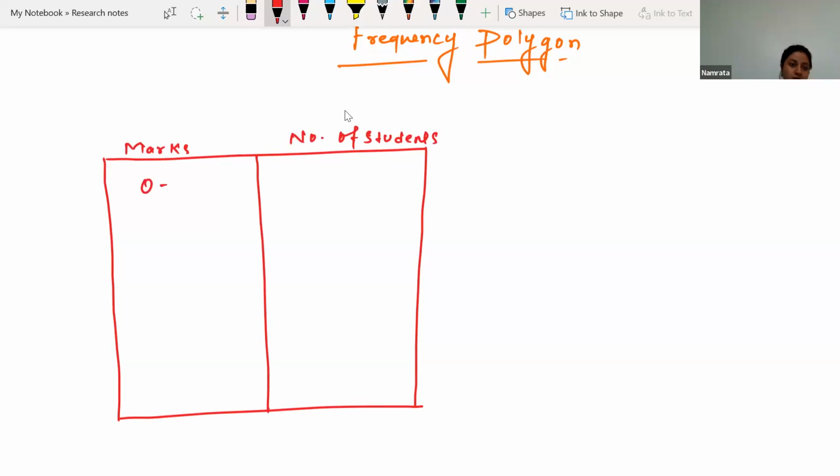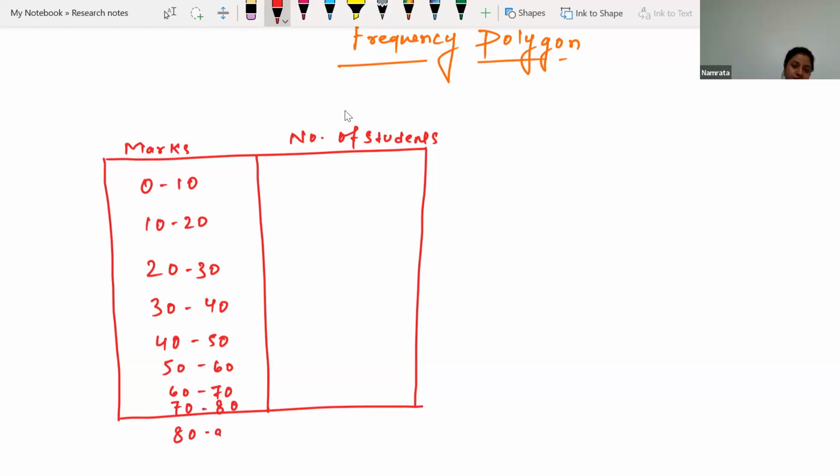The marks are 0 to 10, 10 to 20, 20 to 30, 30 to 40, 40 to 50, and the number of students are accordingly 5, 10, 4, 6, 7, 3.